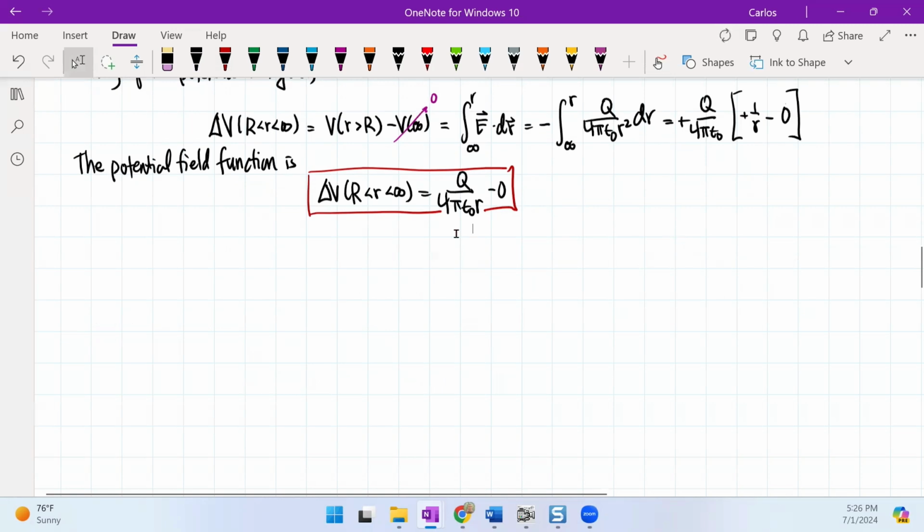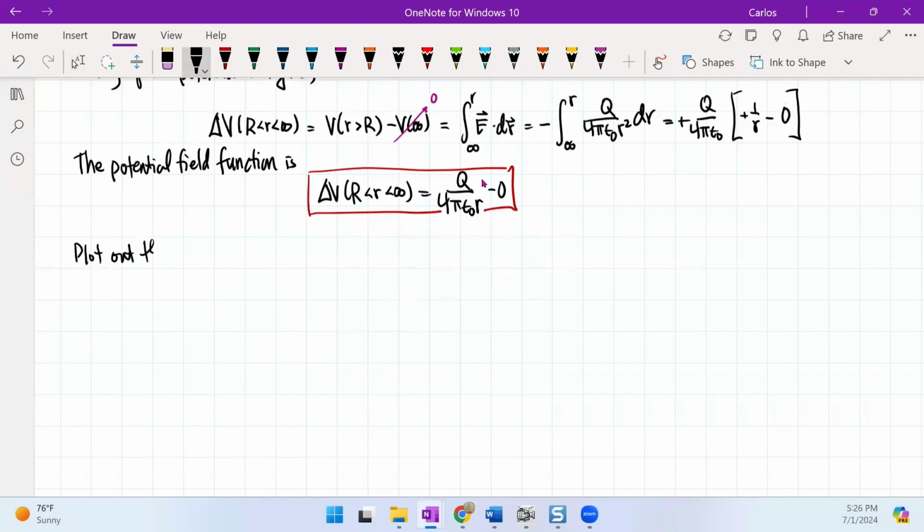So what I'd like to do is draw the potential field. So let's plot out this field. What I imagine is that I have a sphere, and I'm only looking at the quarter. And so when I'm looking at this guy, I'm seeing that I have a field like this.